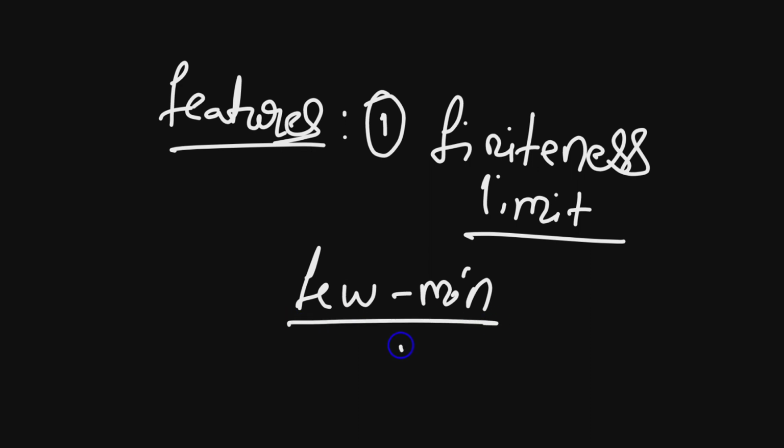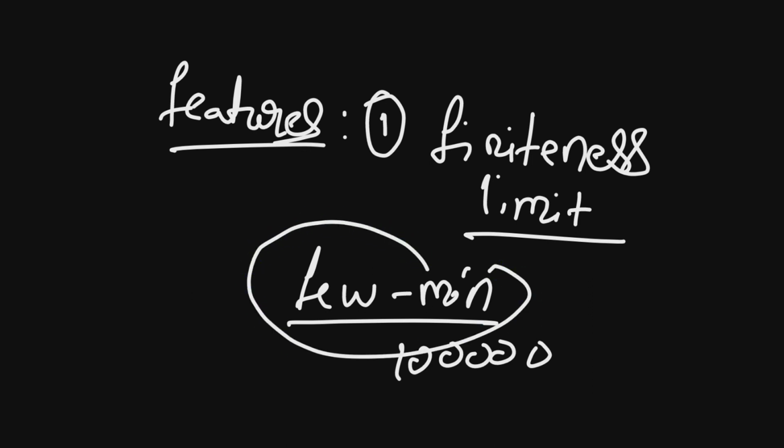There should not be 1,000, 10,000, lakhs, crores of steps, because if I write lakhs of steps, I cannot solve my problem. A limited, finite number of steps should be there to solve a problem. There should not be an infinite number of steps.